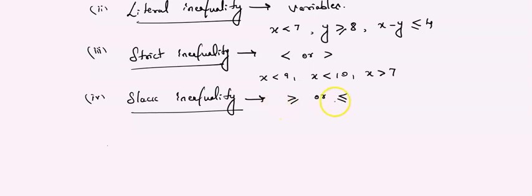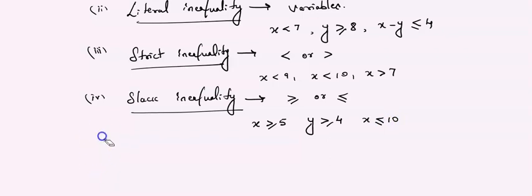If an inequality consists of greater than or equal to or less than or equal to symbols, such an inequality we call slack inequality. Example: x is greater than or equal to 5, or y is greater than or equal to 4, or x is less than or equal to 10.